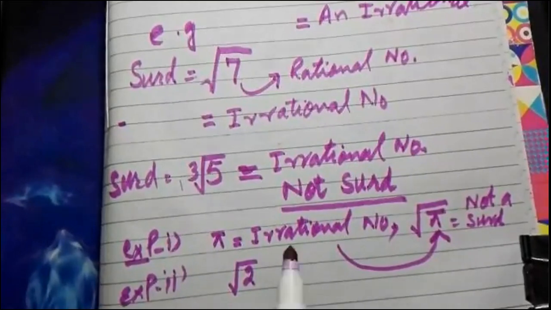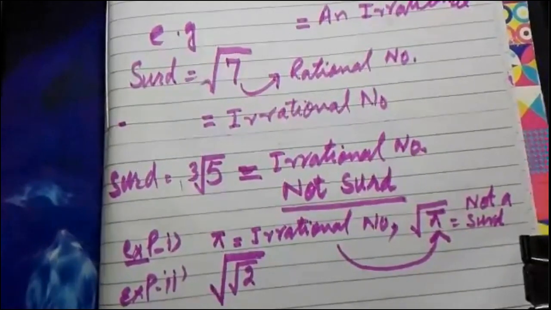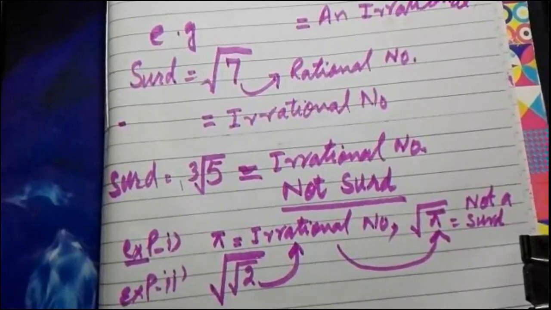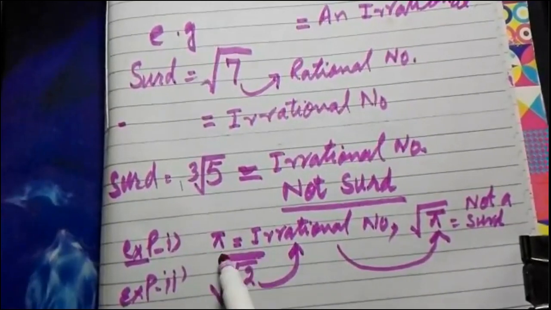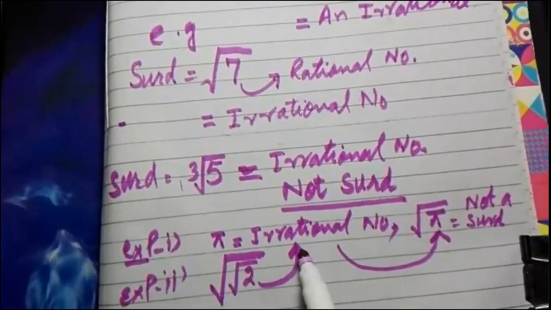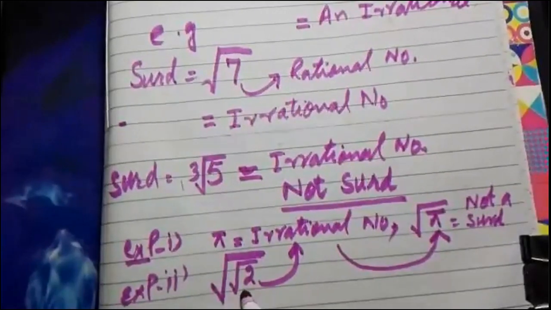So once you apply another radical sign over it, you can see that under root 2 is itself an irrational number, and you are placing another radical sign, another square root, over it. The definition says that under the radical sign there must be a rational number, but because it is an irrational number, when you take its square root, it will not be a surd.